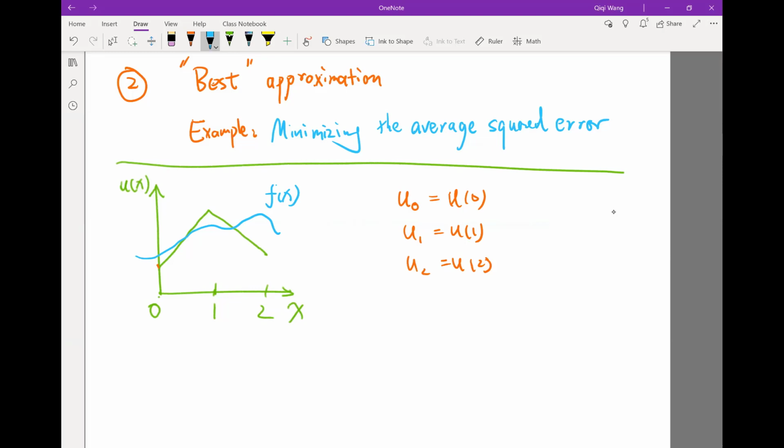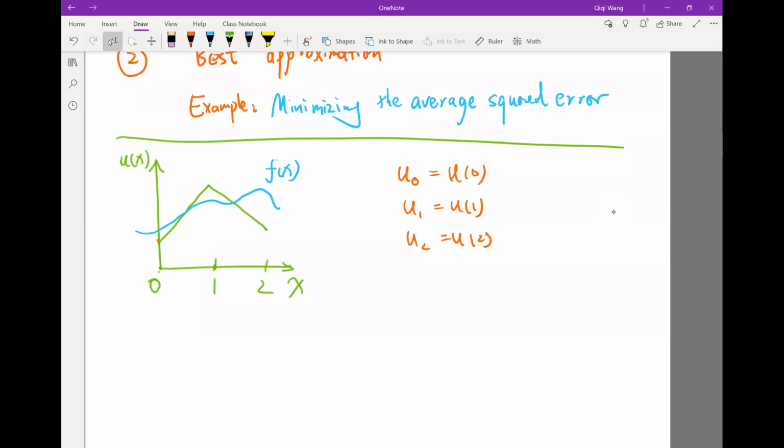So what does it mean? It means I want to minimize, by choosing my u0, u1, and u2, by choosing these 3 numbers, the averaged squared discrepancy between f and u.